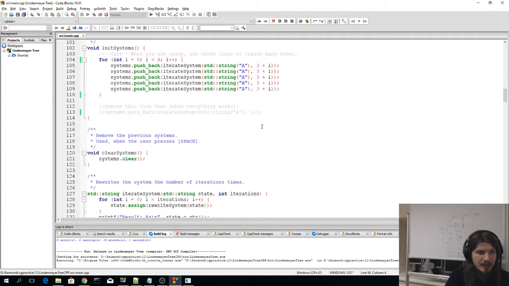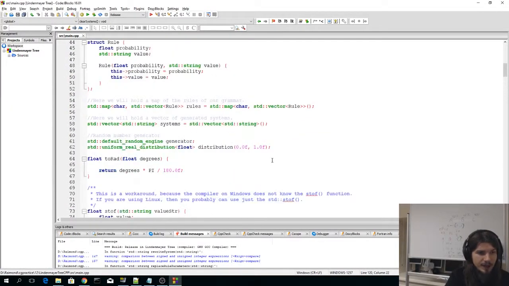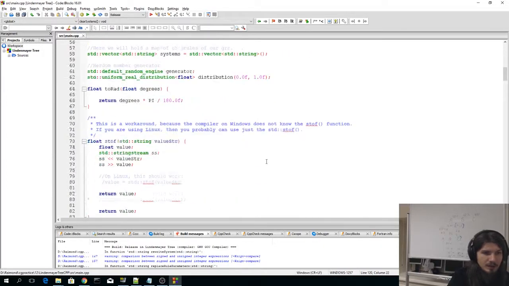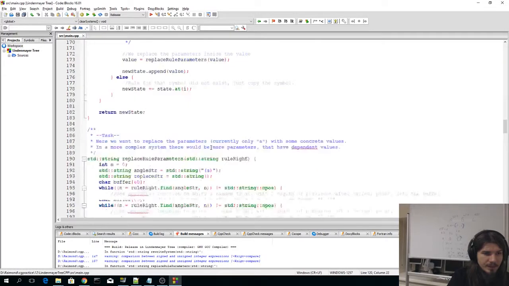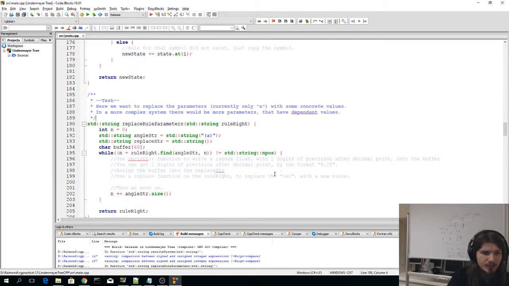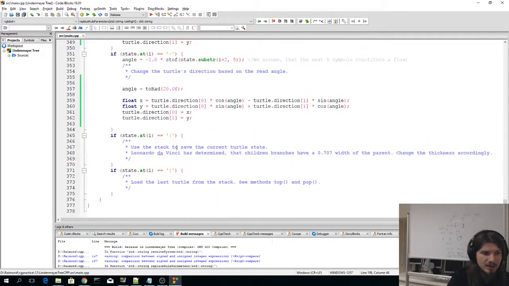Okay, and then this is pretty much all that we are going to do in this video. Now, what else you need to do is to finish this parameter replacing. So you should find some random values for the rotation, and in the end there is this saving of the state and popping the state.